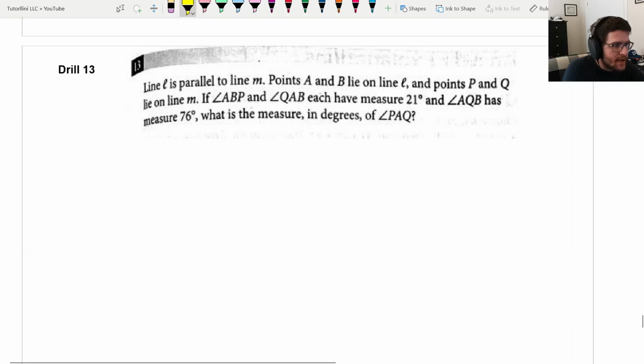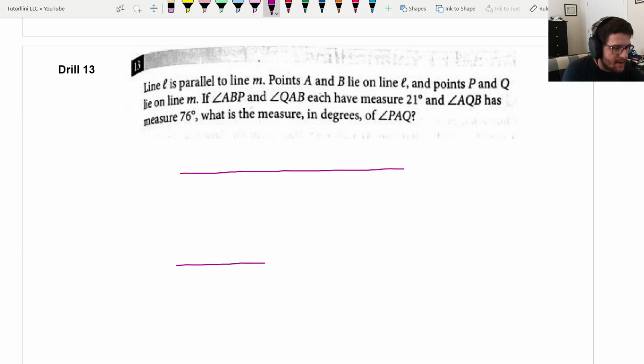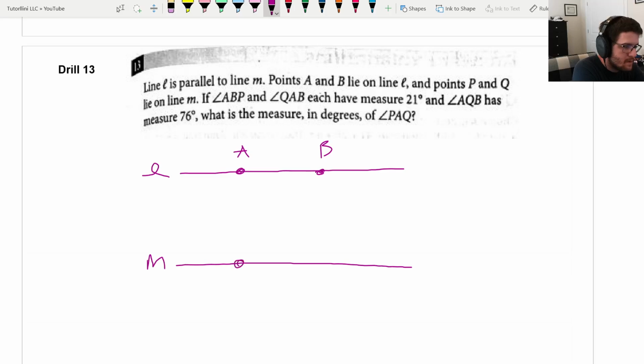Okay, I have no idea what's going on with this one. Line L is parallel to line M. Points A and B lie on line L. Points P and Q lie on line M. Angle ABP, so that's that one, has a measure of 21.